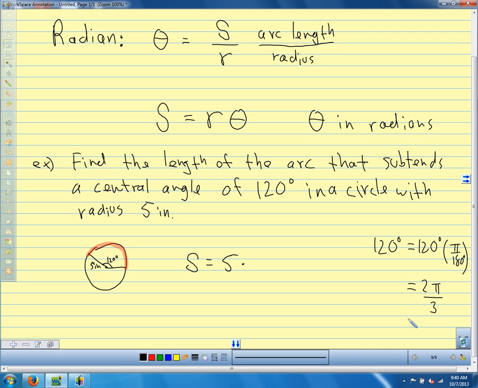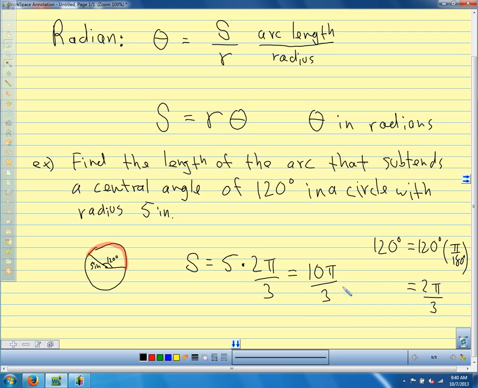So if we were doing this question without a calculator, this would be our angle in radians. So our arc length is 5 times 2 pi over 3. And when I multiply that out, I get 10 pi over 3, and my units would be what?